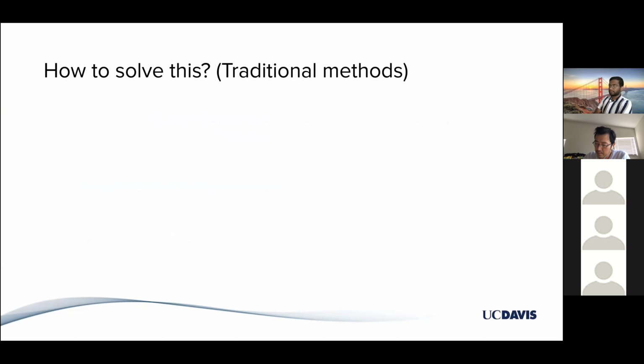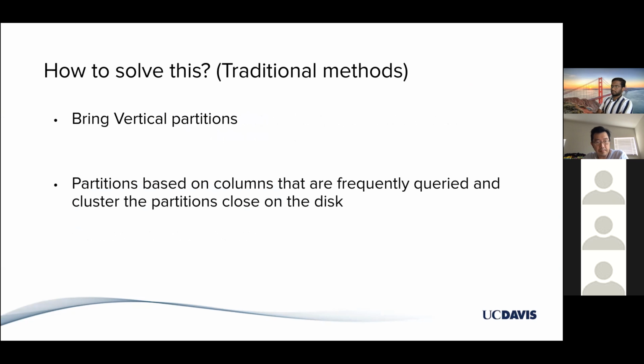To address this, the traditional methods use vertical partitions, partitioning based on the columns that are frequently queried, which can be clustered on the disk to increase the IO throughput and improve the query results.